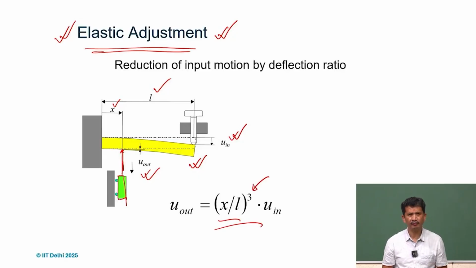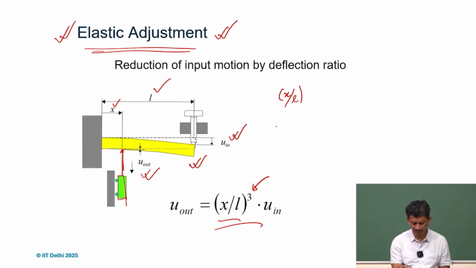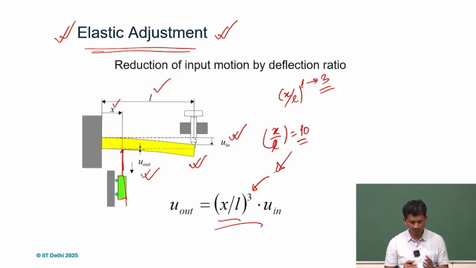So this number is very important, to the power 3. Unlike any leverage mechanism, where it would simply be x by L, with a power of only 1, here we are getting 3 because of this bending deformation, and that's why we are calling it elastic adjustment. So if x by L is 10, you can imagine that it is to the power 3, so 1000 times.